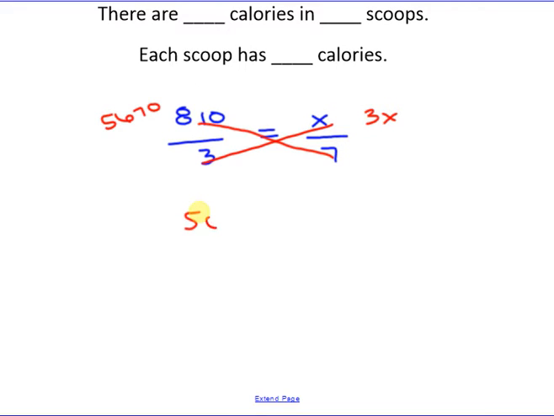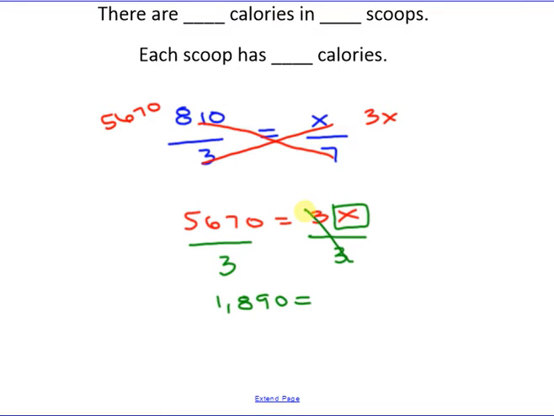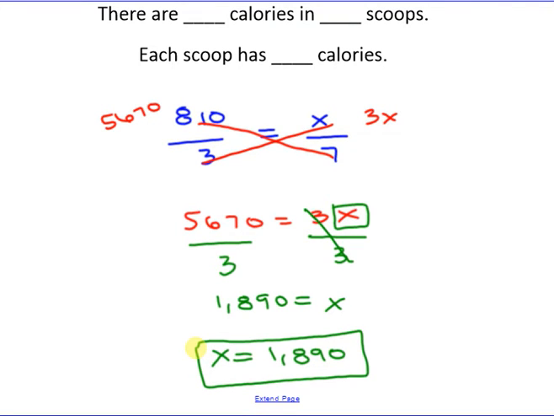So 5,670 equals 3x. Box the variable. Divide by 3 on both sides. 5,670 divided by 3 is 1,890 equals, those cancel, you're left with x, but flip it around. X equals 1,890. That's a lot of calories. Makes you think twice before eating ice cream now.